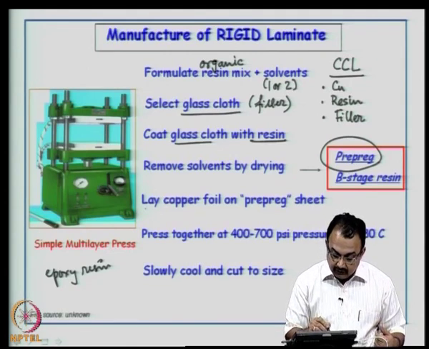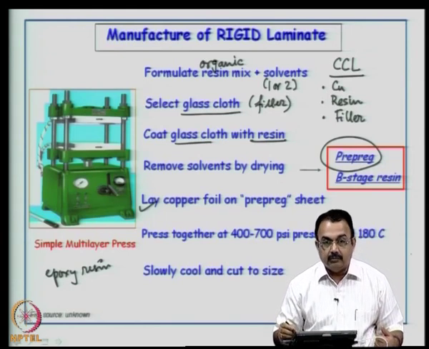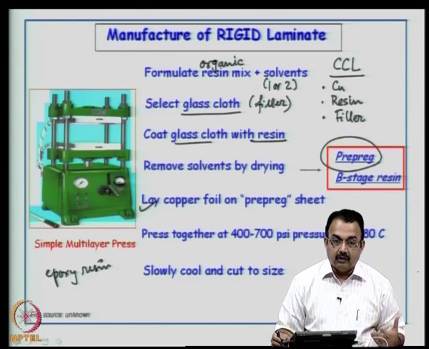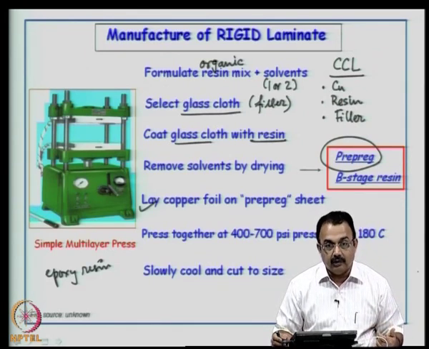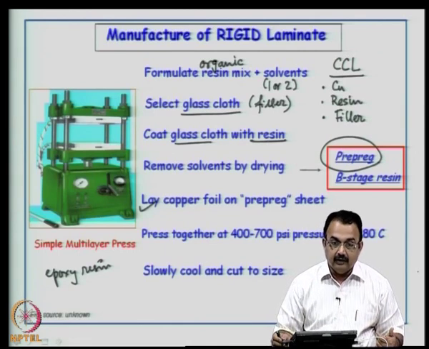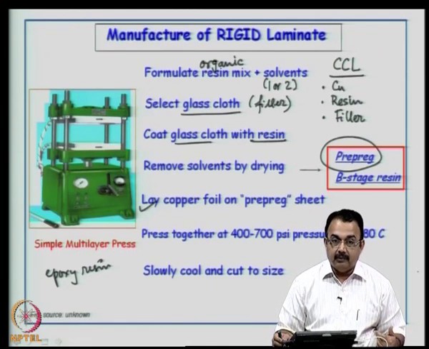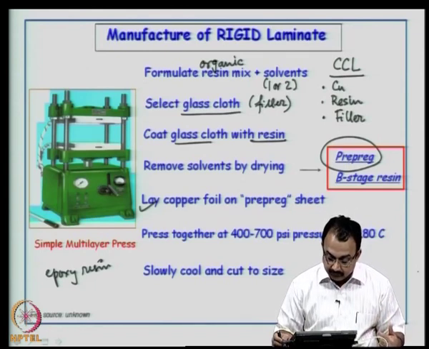So, the next step will be to lay the copper foil onto the pre-preg sheet. The pre-preg thickness could be 200 microns or 300 microns, 400, 500 depending upon the requirement, and then the copper foil thickness again is dependent on the various requirements in the market.